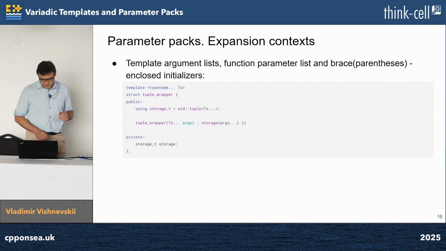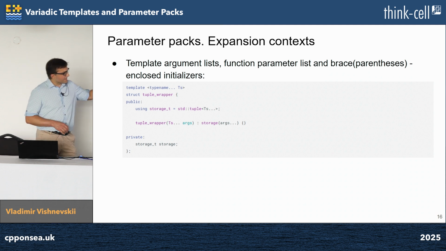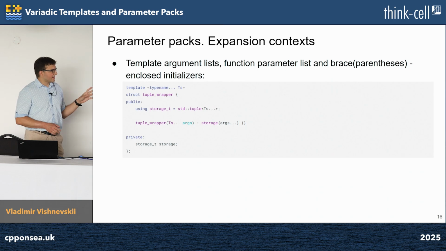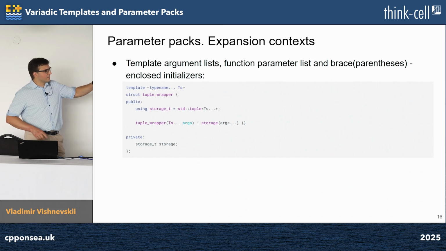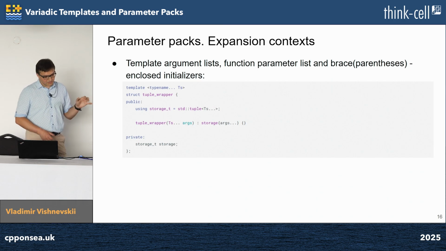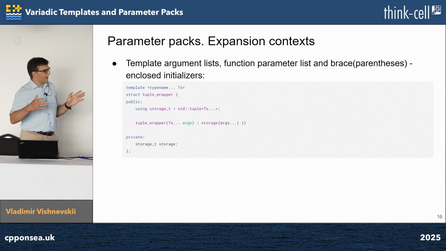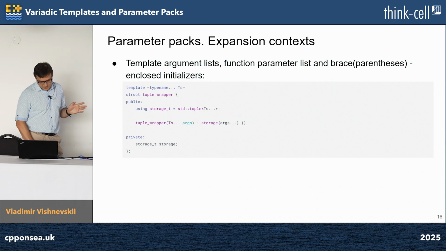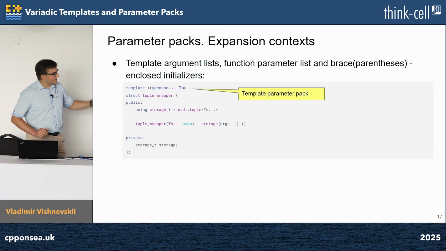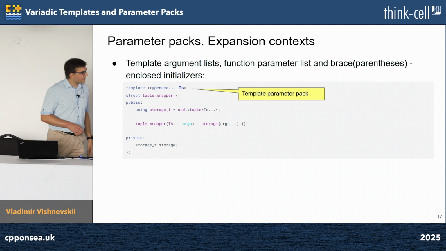So the first example demonstrates three expansion contexts that I think are among the most used. Here in this example, we are implementing some container that wraps a standard tuple and uses it as a backend storage. So this would be a variadic template, and Ts is the template parameter pack.